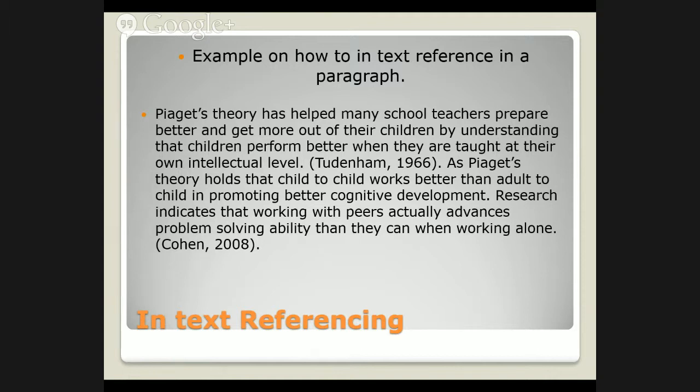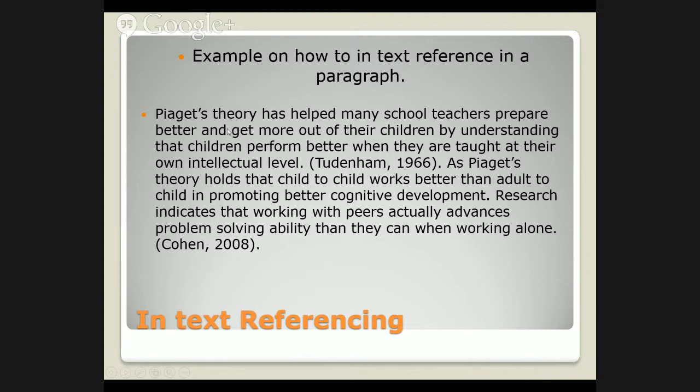Okay, example on how to in-text reference in a paragraph. So there have been many questions around how many times do you in-text reference, and do you only put it at the end, or do you put it in between as well? So here's an example of one of my essays where this section over here was taken from one author, and then I in-text referenced it over here. But then this section over here was taken from another author, so I in-text referenced it again with a different author.